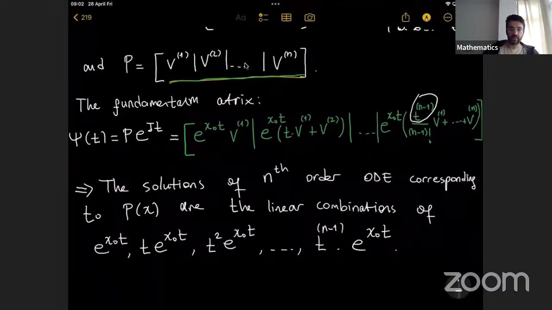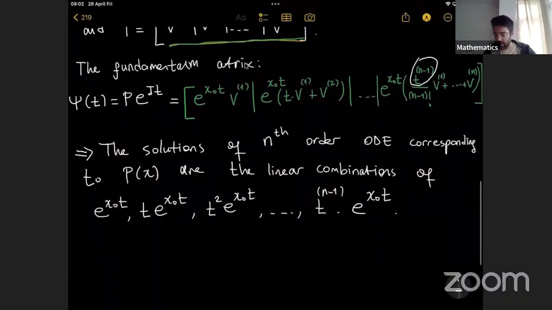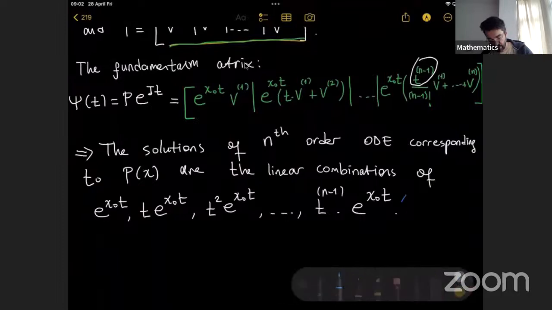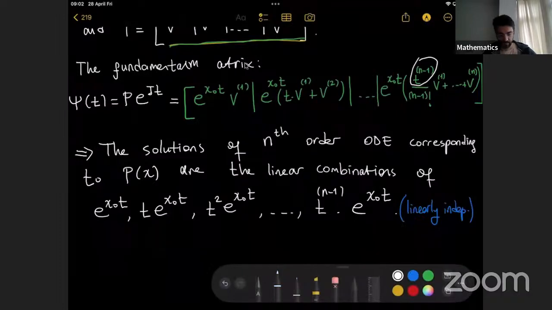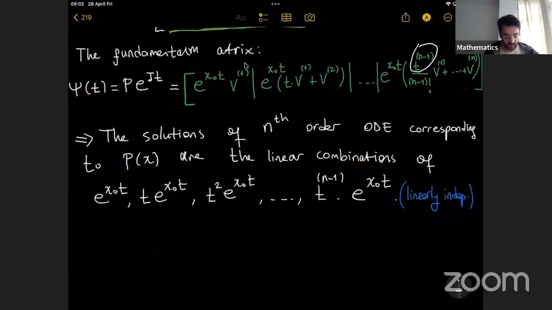So we write all the solutions. These are linearly independent. You can easily check this. Which means the general solution is going to be the combination of these solutions.